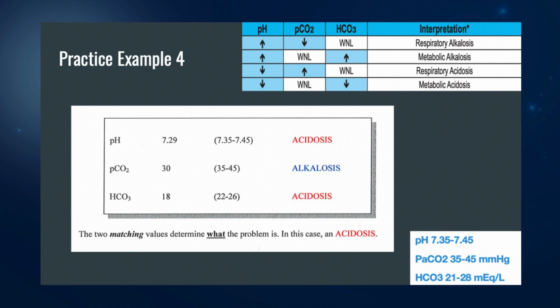The bicarb is low, so it's acidosis. The partial pressure of carbon dioxide is low, so it's going to be alkalosis. The two similar ones are acidosis between bicarb and pH, and because bicarb is low, we know it is a metabolic problem, so this is a metabolic acidosis.